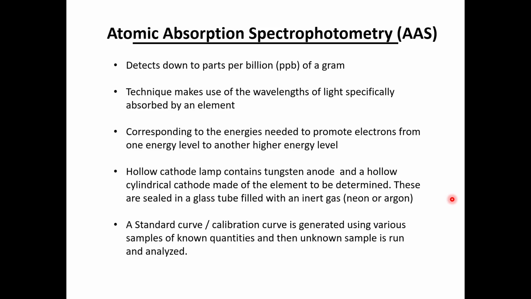A hollow cathode lamp contains a tungsten anode and a hollow cylindrical cathode made of the element to be determined. These are sealed in a glass tube filled with an inert gas, neon or argon. A standard curve or calibration curve is generated using various samples of known quantities, and then the unknown sample is run and analyzed.